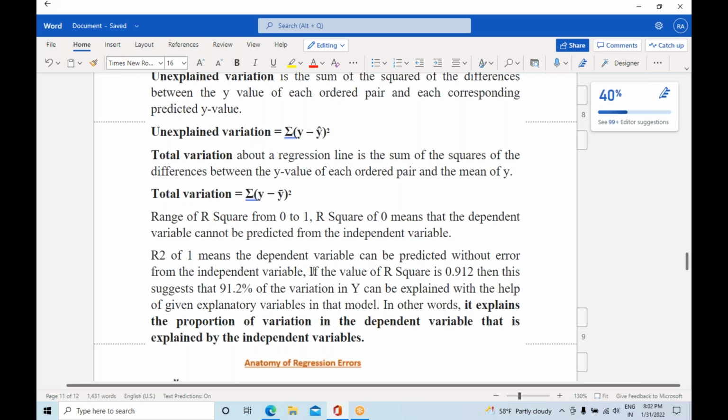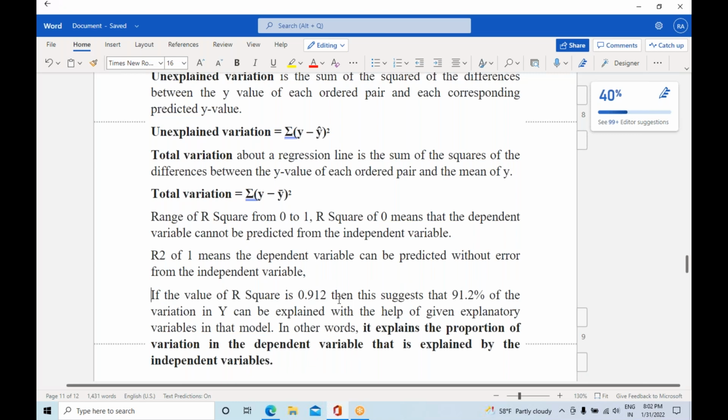If the r square value is 0.912, that suggests 91.2% of the variation in y can be explained with the help of the given explanatory variable, that is the model. In order to explain the proportion of variance, we don't need to worry about that.